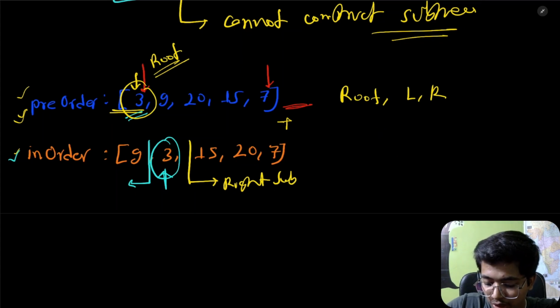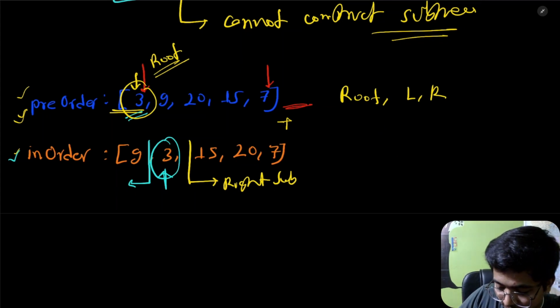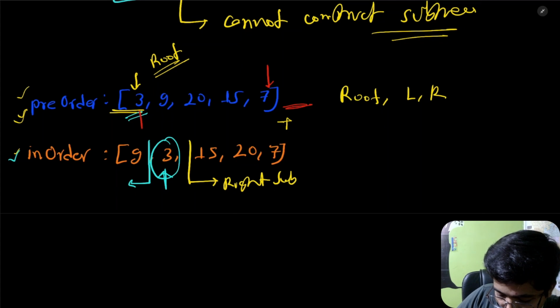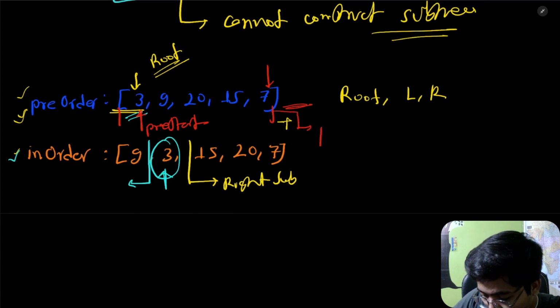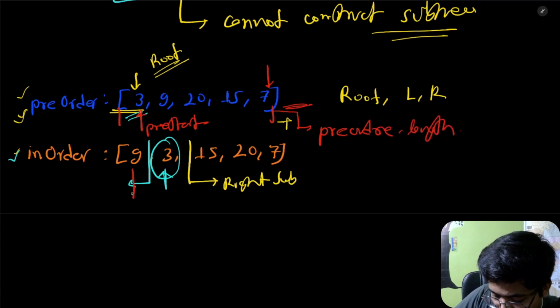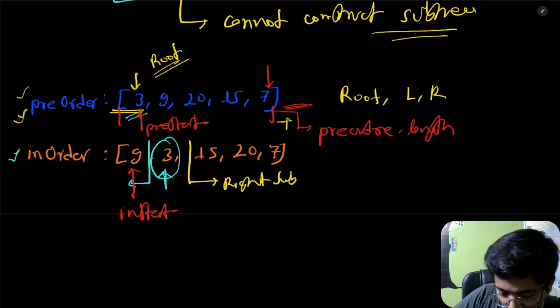We pass the value of this one, because this is the pre-start, and this entire length starting from here to here is preorder.length. Got it? And this is the in start.